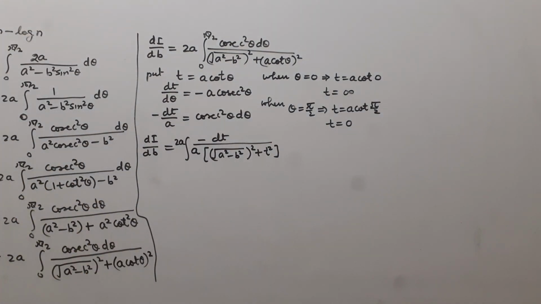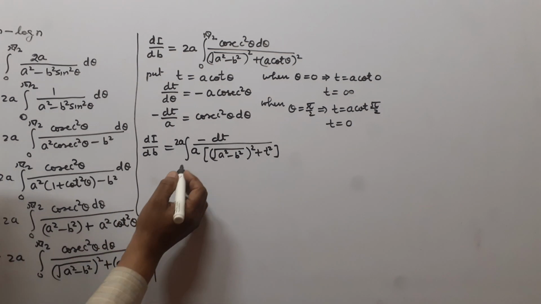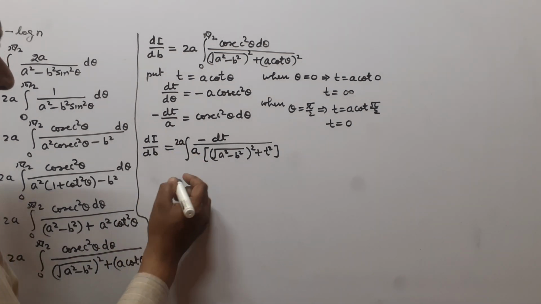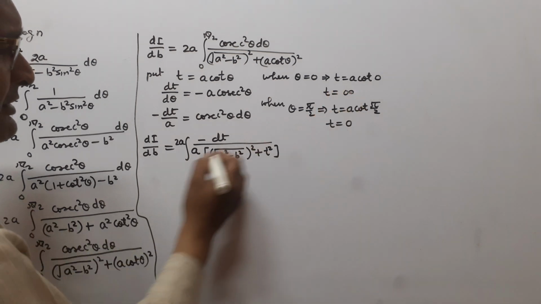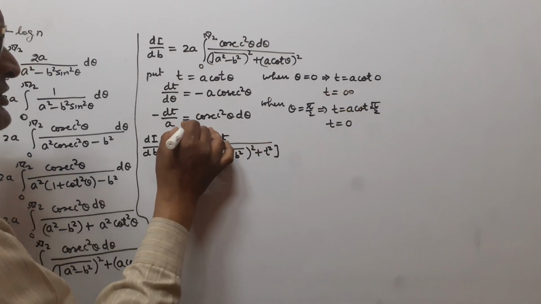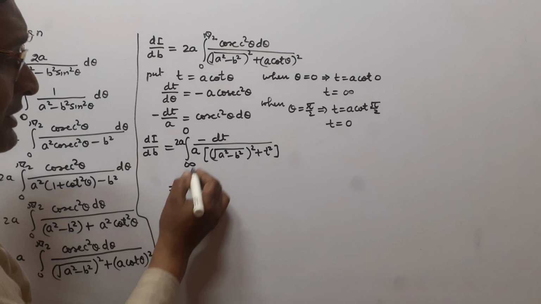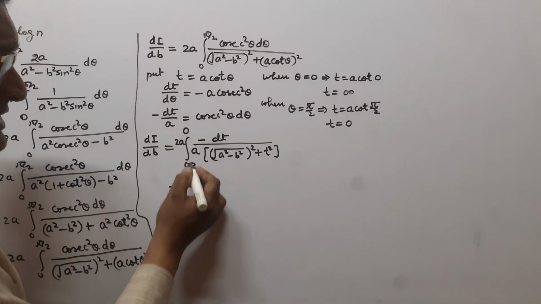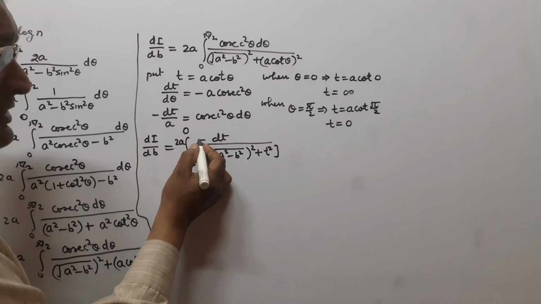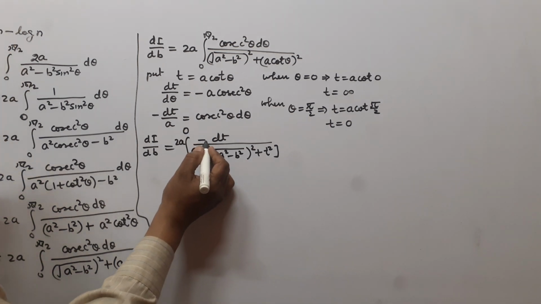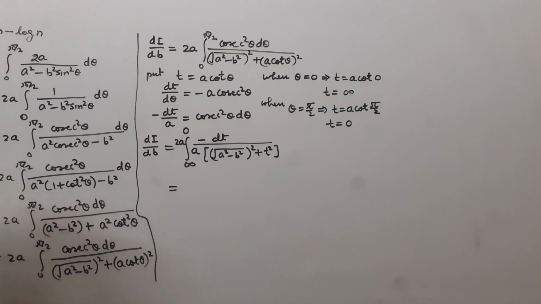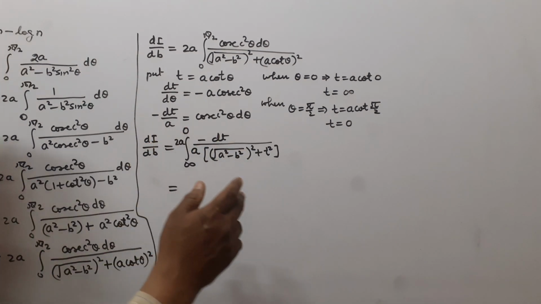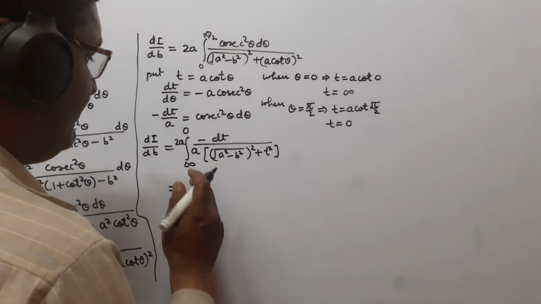Now we can see this a is cancelled by this a, and here the limit is minus infinity to 0. If we interchange this limit, this minus sign will be positive, because we know that if the lower limit and upper limit interchange with each other, the integral will be negative.